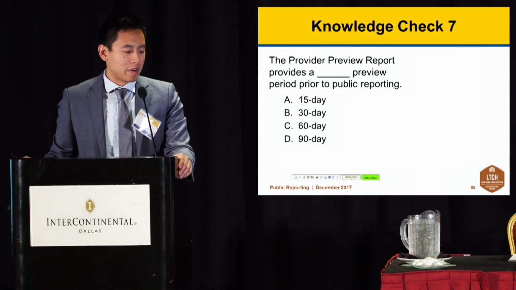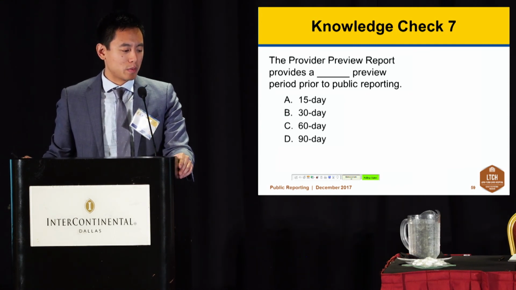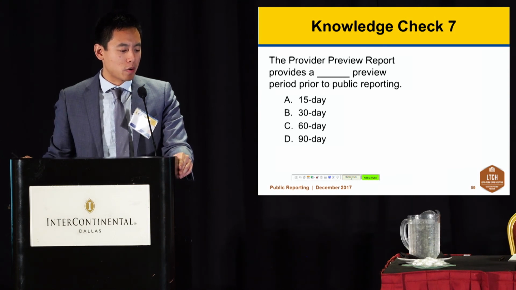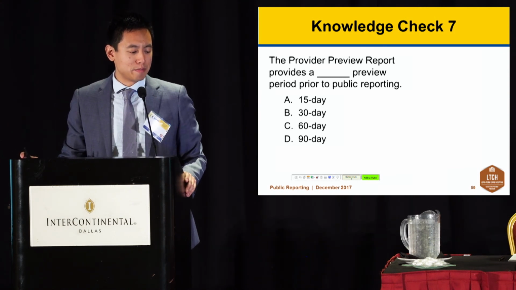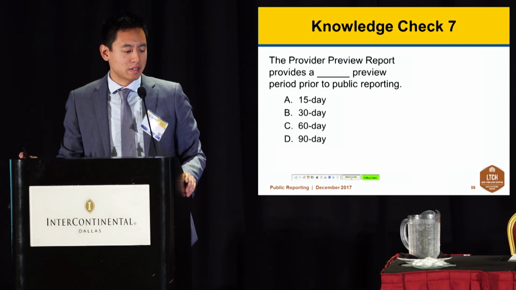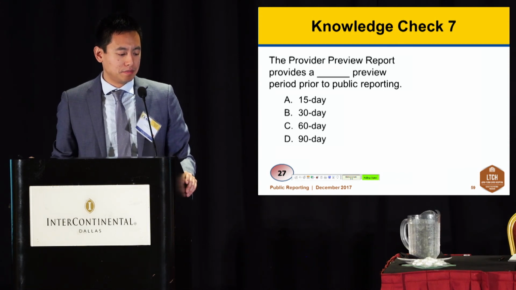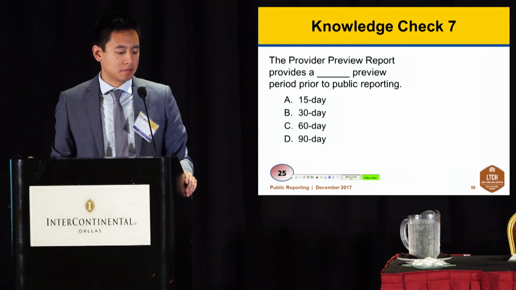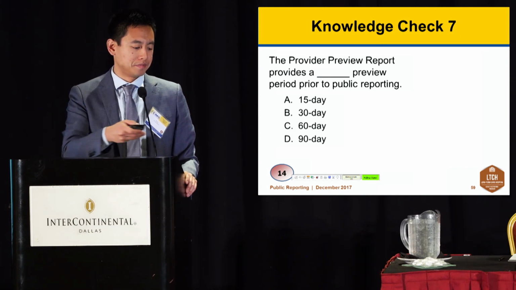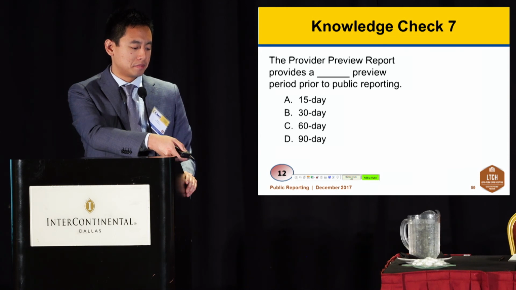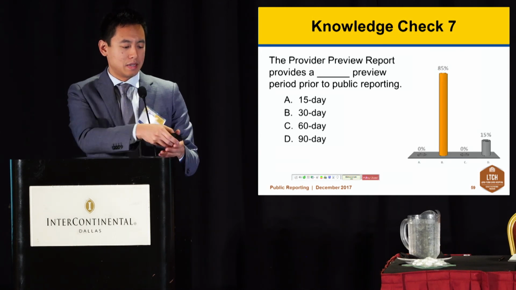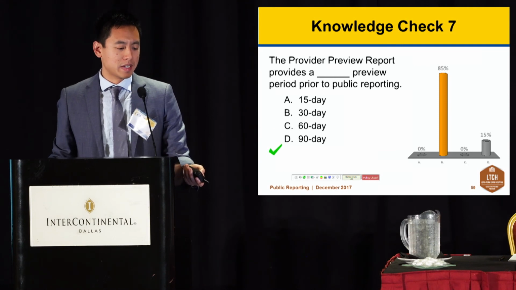The provider preview report provides a blank preview period prior to public reporting. Is it A, 15-day, B, 30-day, C, 60-day, or D, 90-day? All right. And it is B, 30-day.